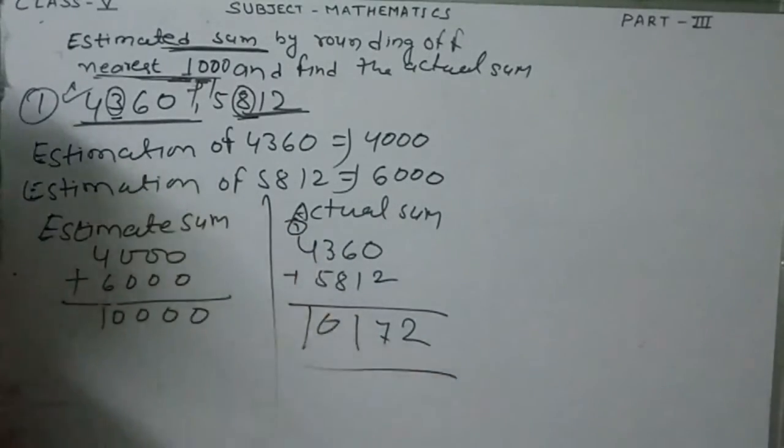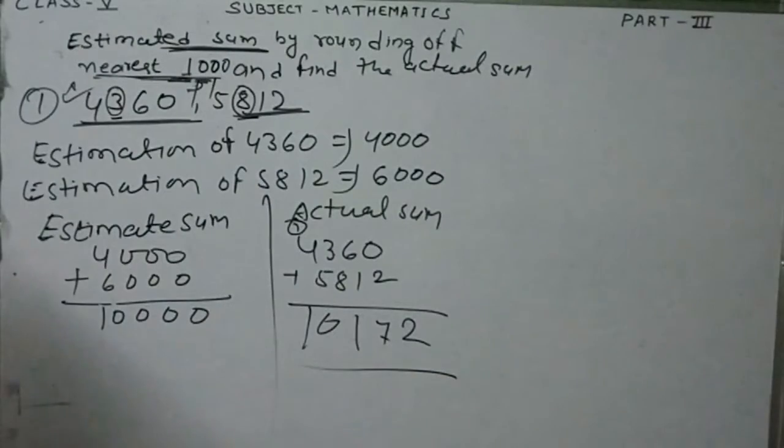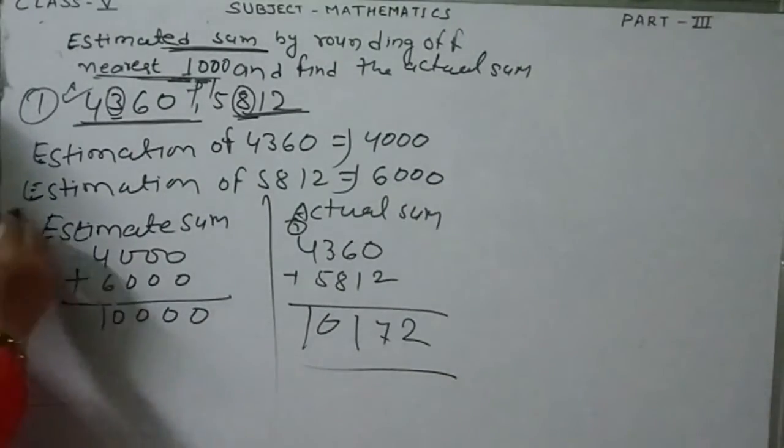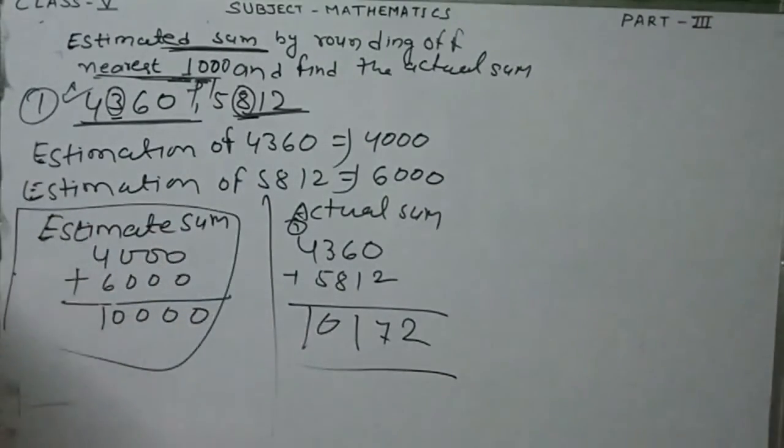That is your actual sum and this one is the estimated sum. These are the three types of questions: nearest 10, nearest 100, nearest 1000, and we have to find the estimated sum as well as the actual sum.